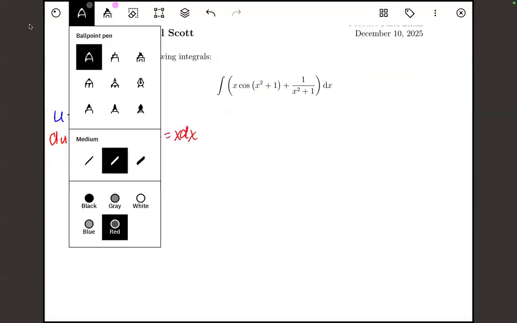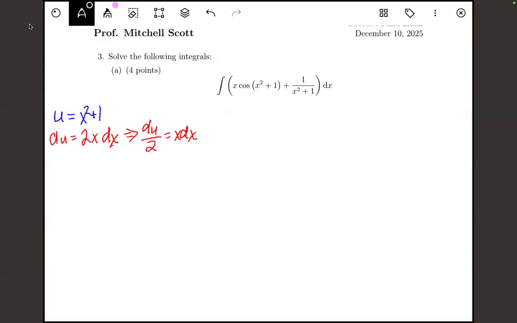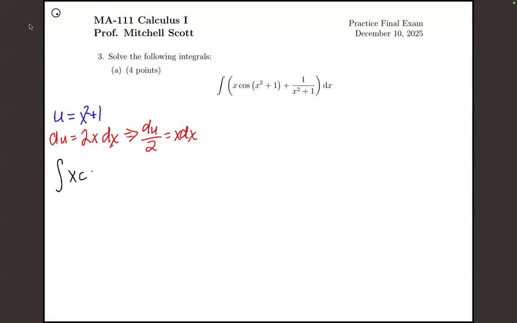Okay, so I'm going to rewrite this in terms of two different integrals. So then we have the integral of x cosine of x squared plus 1 dx plus the integral of 1 over x squared plus 1 dx.